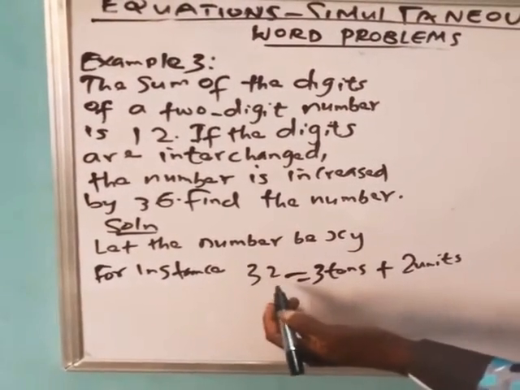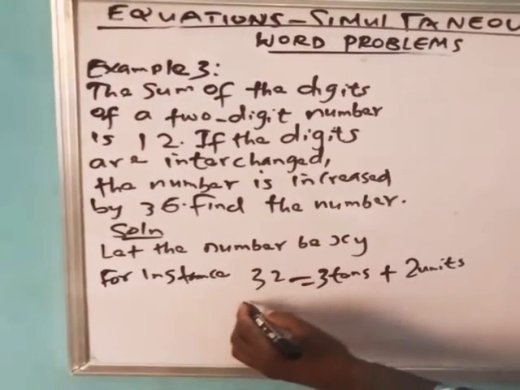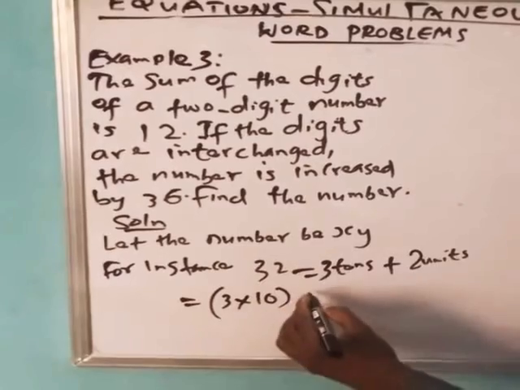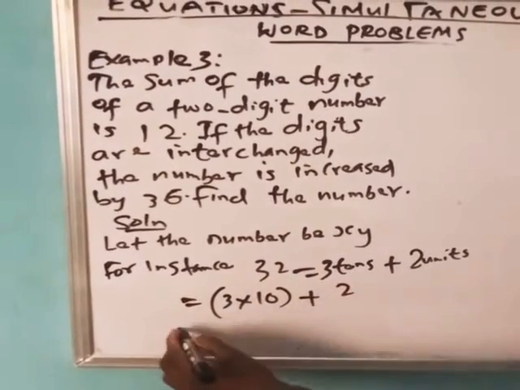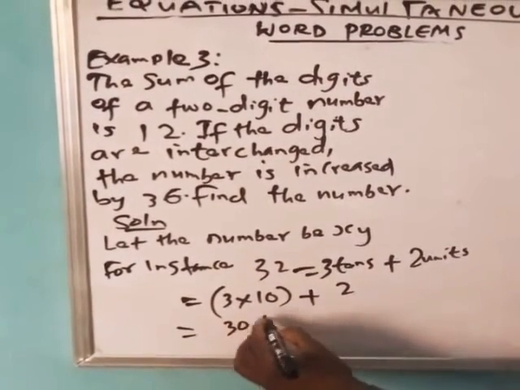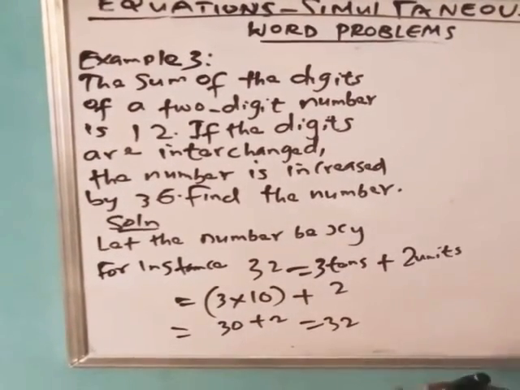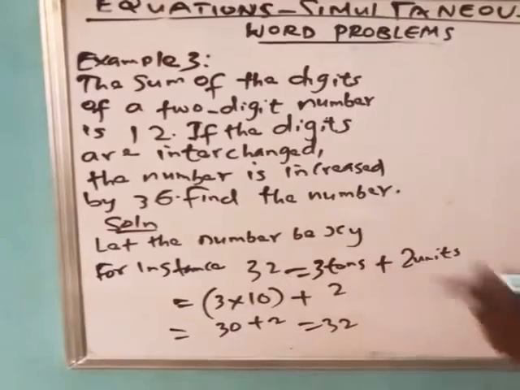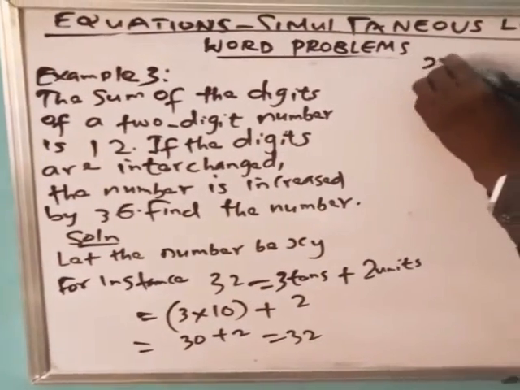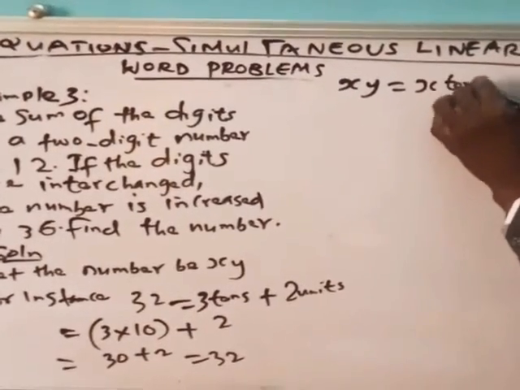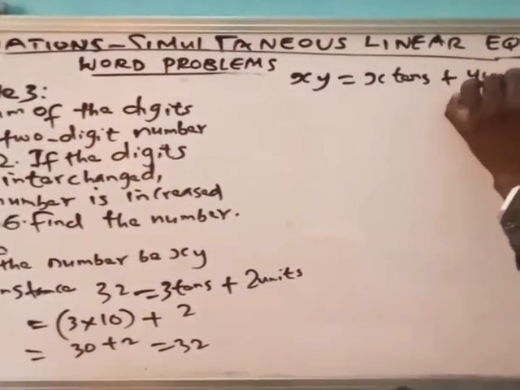These are two-digit numbers. So 3 tens means 3 times 10. That's 3 tens plus 2 units. 3 times 10 is 30 plus 2. That is 32. You can see it goes back to it. Similarly, if xy is a two-digit number, that means xy is equal to x tens plus y units.